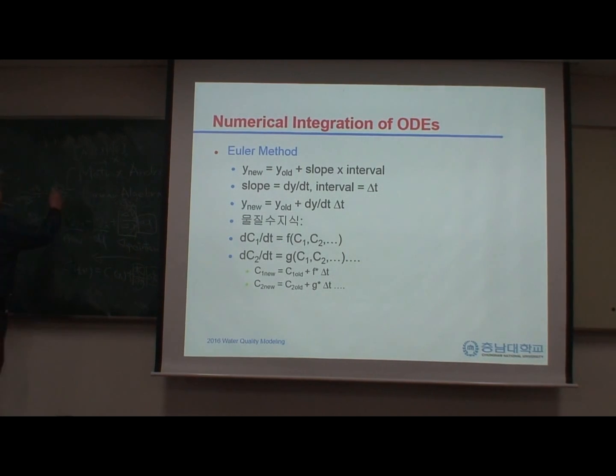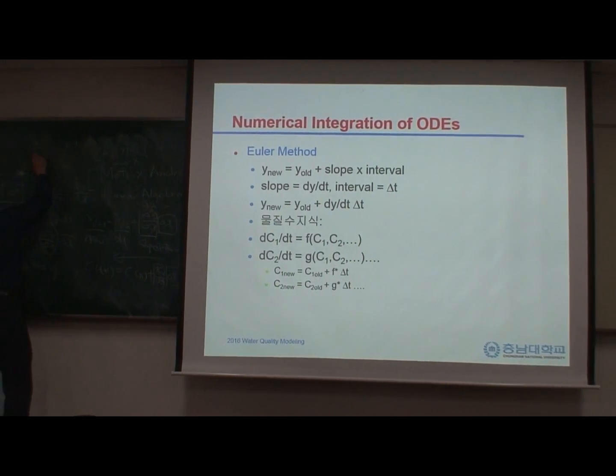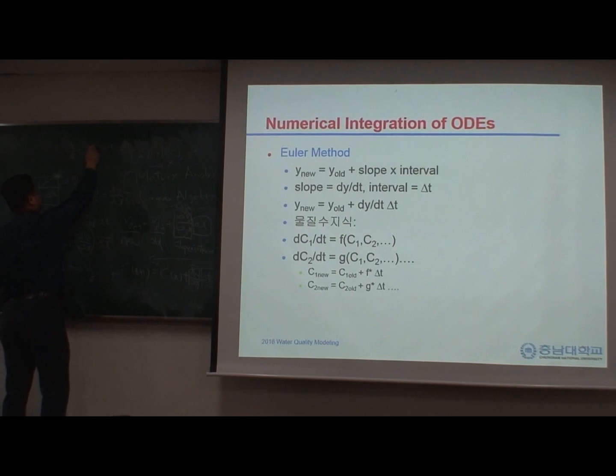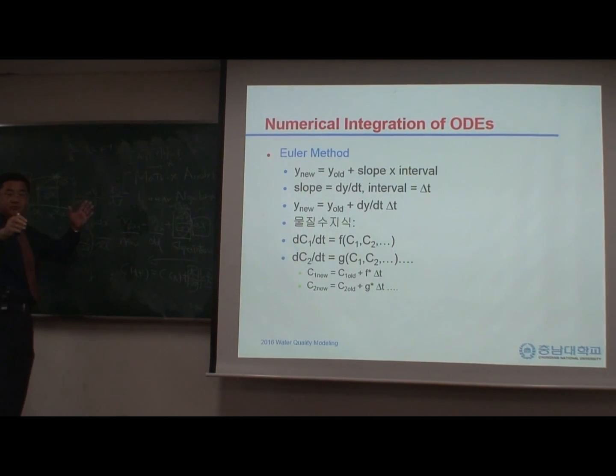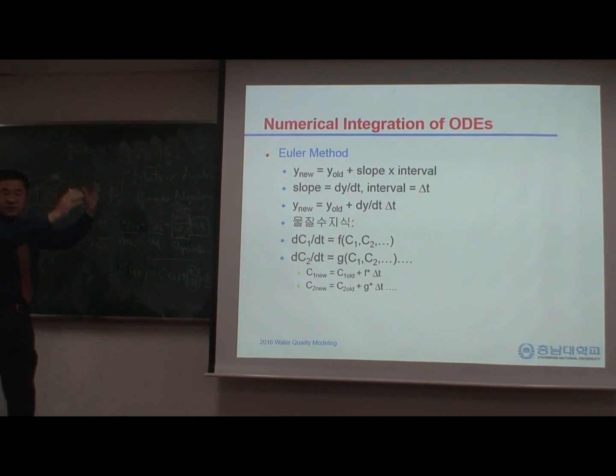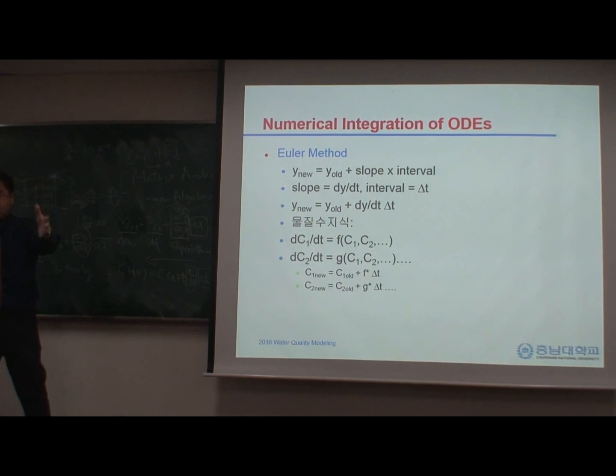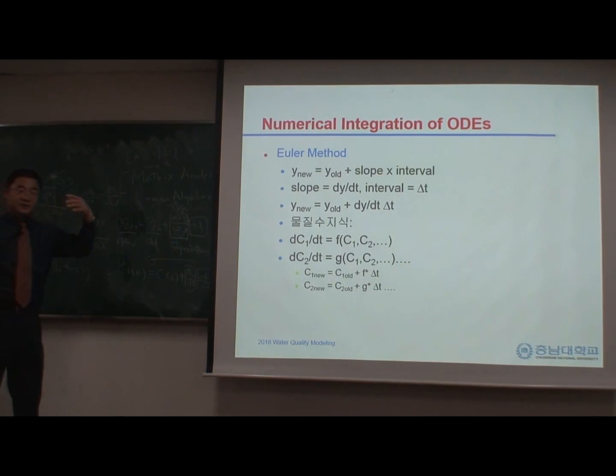dCdt, I had dCdt equals minus Kc, or if you have a mass balance equation, you have something QC in, QC out, and dispersion something, and reaction something, and sampling something, right? You just have to add all the incoming, subtract all the outgoing, and then come together and divide everything by V, then you will have dCdt for 1, 2, 3, 4, whatever.